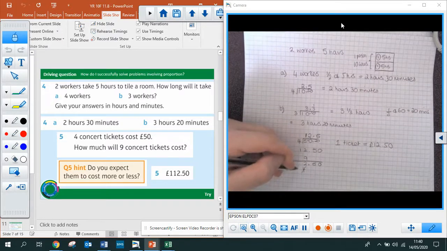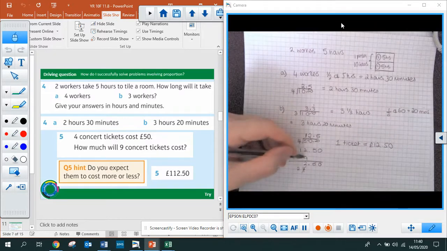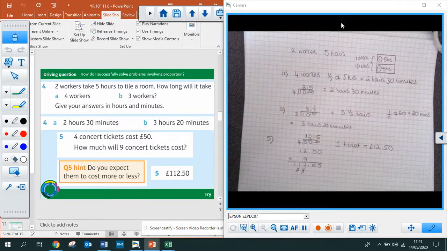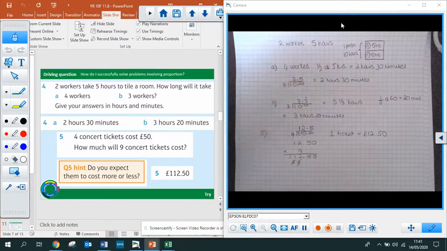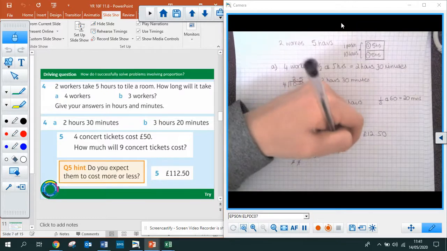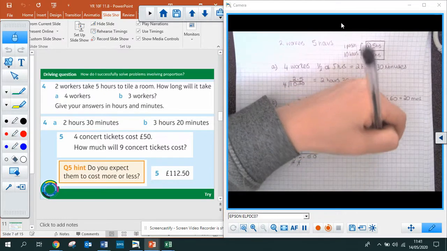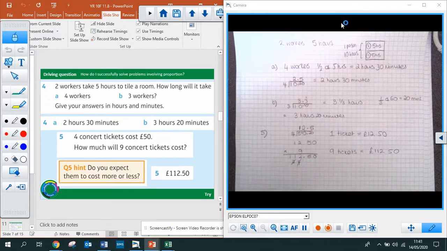The 2, carry 2. 9 times 1 is 9, add 2 is 11. So it's £112.50. So 9 tickets is £112.50, and that's your final answer there. So you need to find the cost of one ticket and multiply that by the 9 tickets.